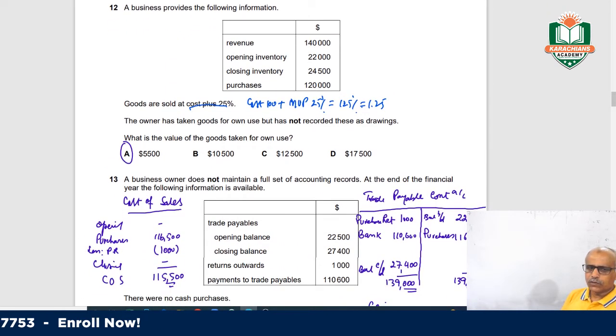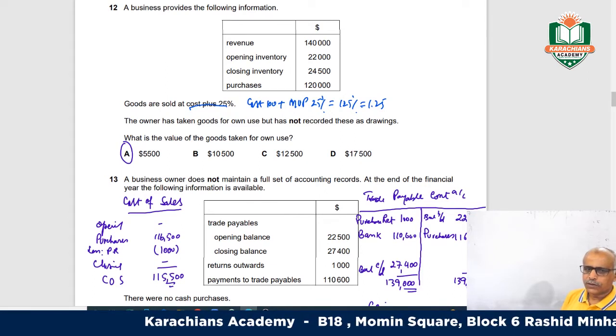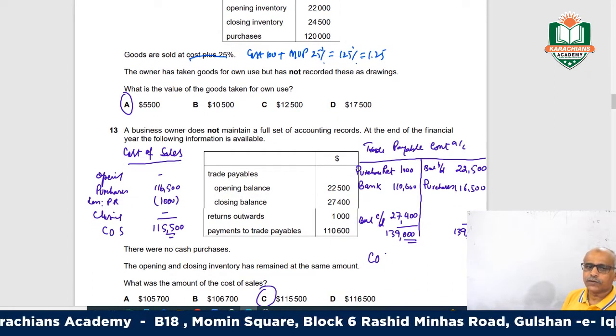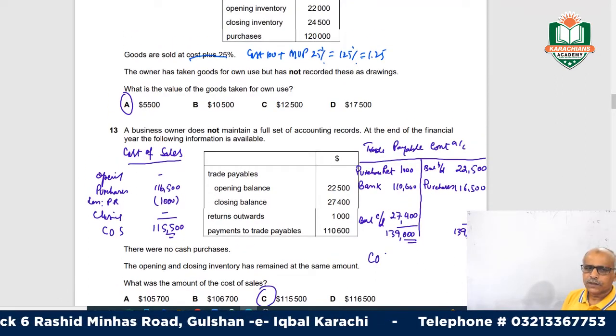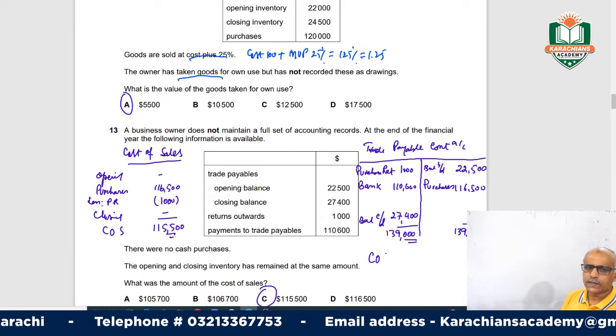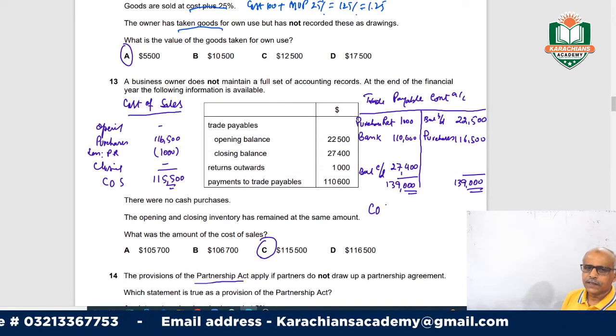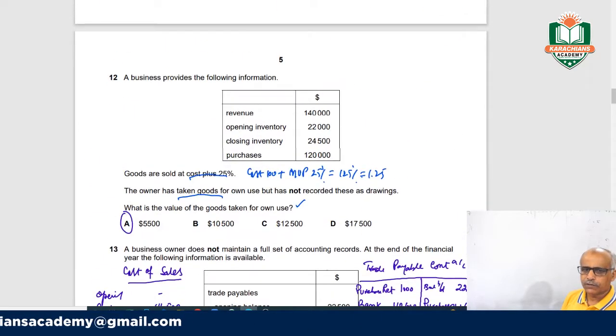Then the owner has taken goods for own use but has not recorded. So this is drawing of goods, drawing in the form of goods. So he has drawn this but has not recorded. What is the value of the goods taken for own use? So the amount of drawing we have to calculate here.